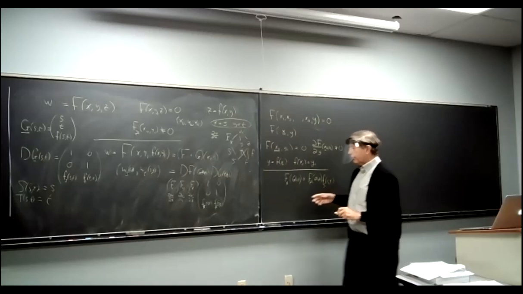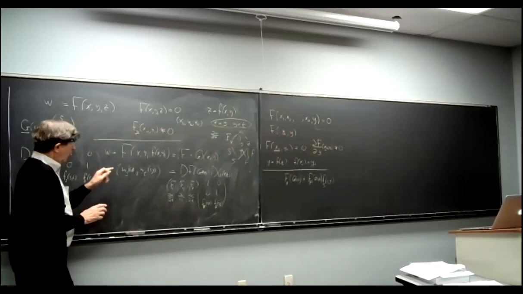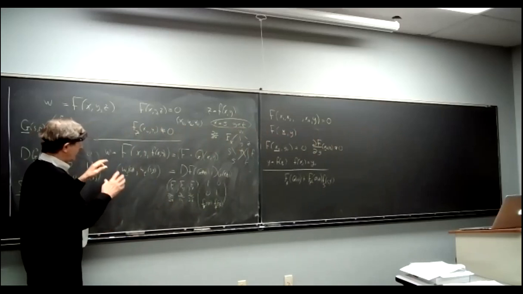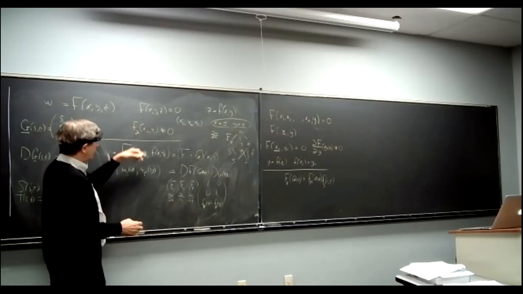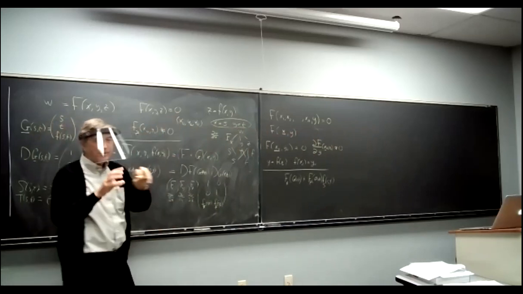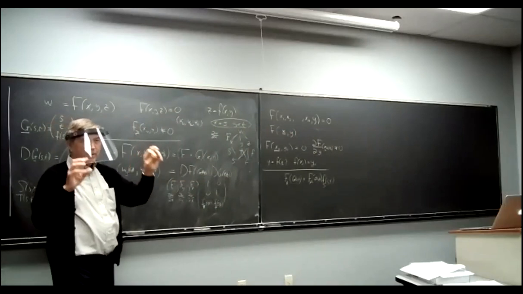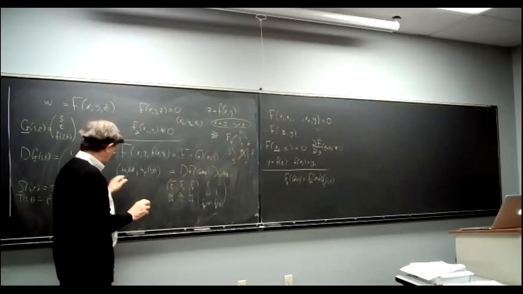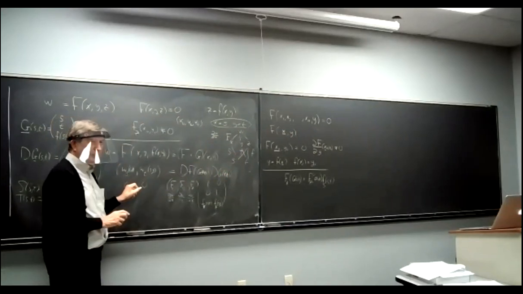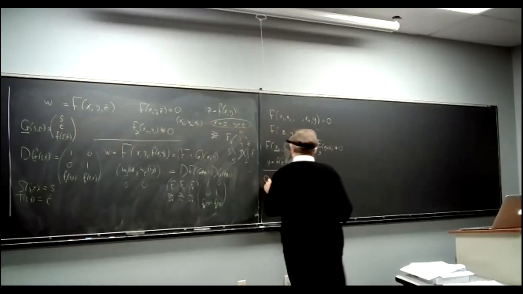Now, that's what I get by multiplying the row times the column. What is this when I do this, what am I doing? I'm assuming that this actually is equal to 0. Remember, it's an equation that we're playing with. When I differentiate the equation, what do I get? Since it equals 0, I will get these are both 0. So what I get is that this thing I just computed is 0.